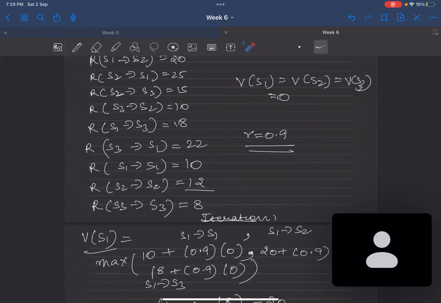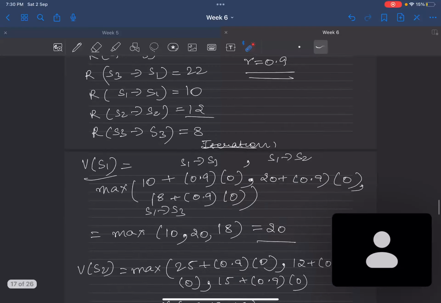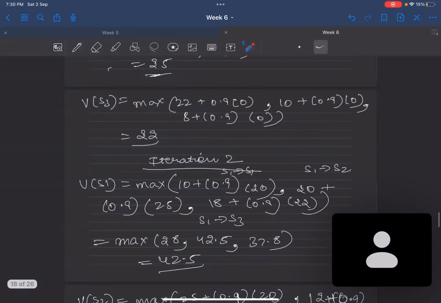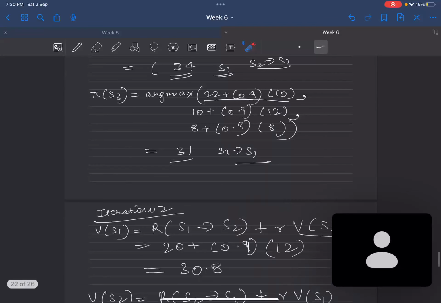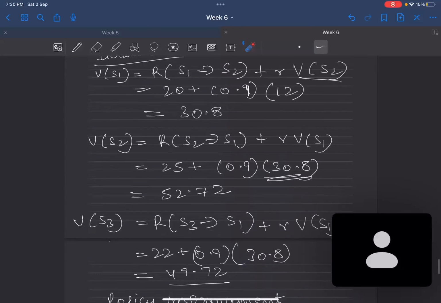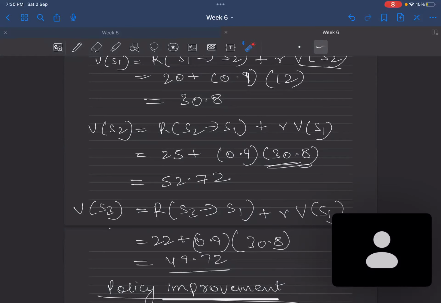You are computing values for all the actions and taking the maximum out of that. I'll give you more examples in Slack. Solve them so that you get a better understanding, and we'll also discuss the differences between value iteration and policy iteration in Slack.